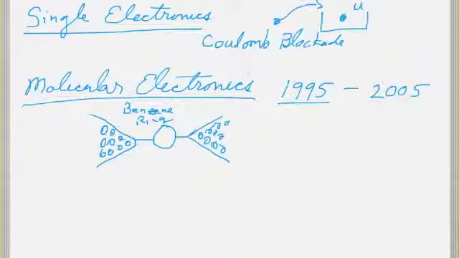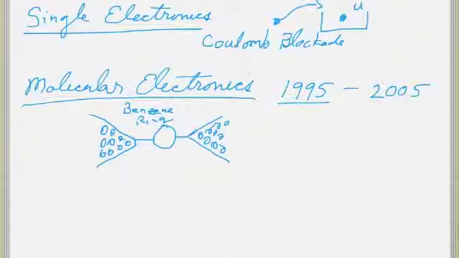So the father of molecular electronics, Mark Ratner, collaborated with Supriyo, and they wrote a paper on using NEGF to model transport through these systems. And so Ratner's group used it. They just used NEGF to do all of their modeling.